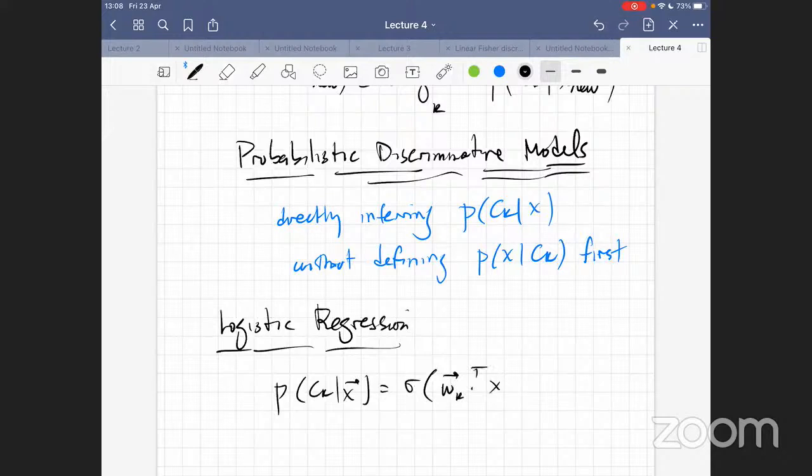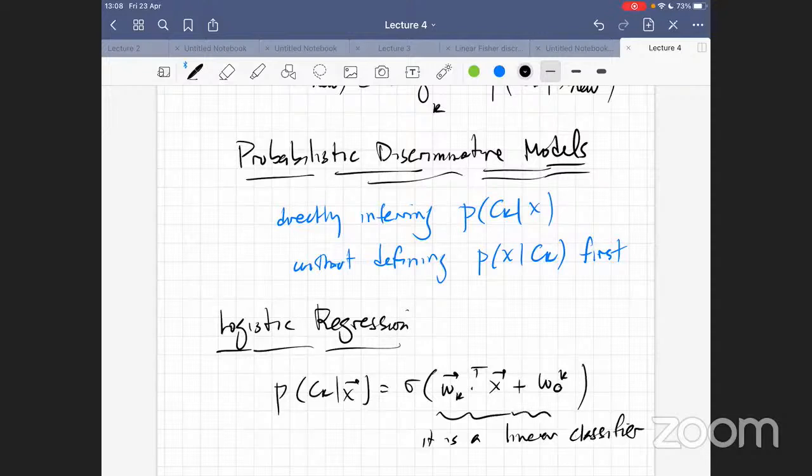Looking at this, it is a linear classifier, because x enters linearly in the argument of the sigmoid.